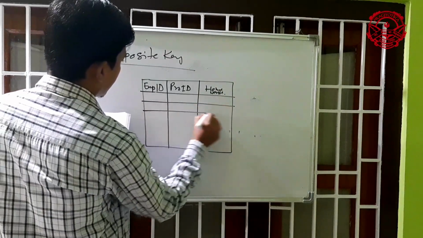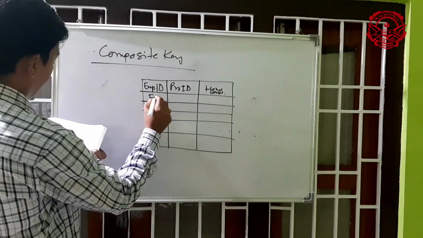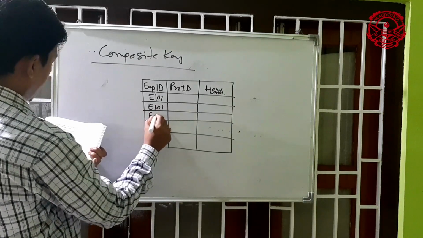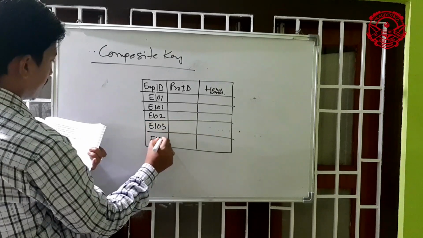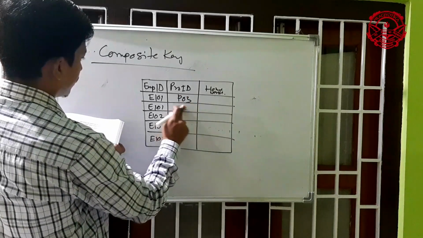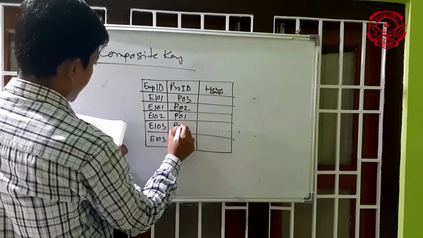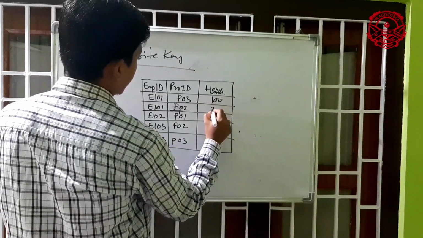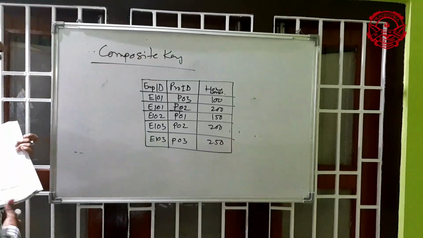Now in the rows, in the tuples, you can see the employee IDs, for example E101, E101, E102, E103 and E103, and project IDs P03, P02, P01, P02, P03. Now the hours they work are like 100, 200, 150, 200 and 250.